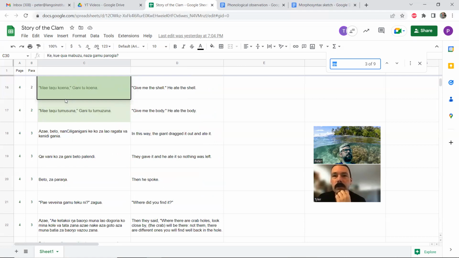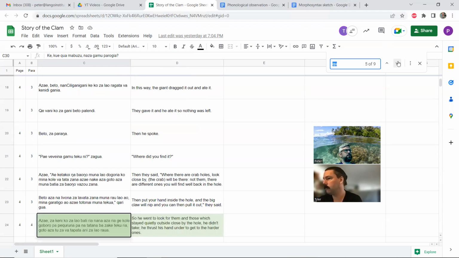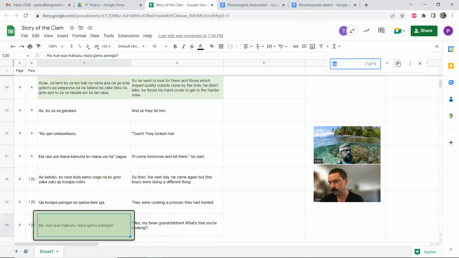Give me the shell. He ate the shell. Did we already gloss tangu as mine? I don't recall. Yeah, but I think that is what's going on there. We get any more goo there? I don't even see this in this sentence. Oh, it's in the middle of a word, so that's not helping us.